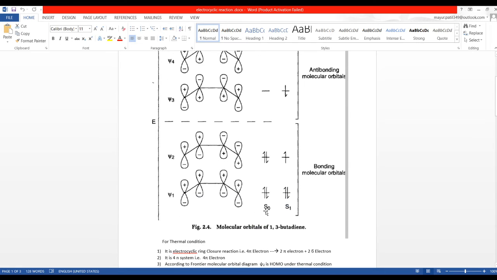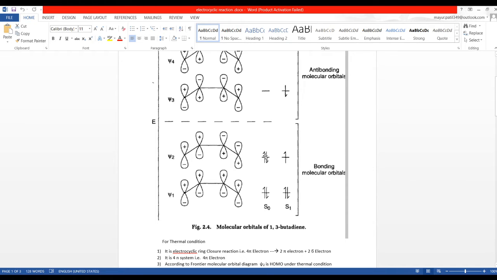The number of pi electrons is 4. In the thermal condition, the first electron enters psi1, then the second electron again enters psi1 because the energy of psi2 is comparatively more than psi1.